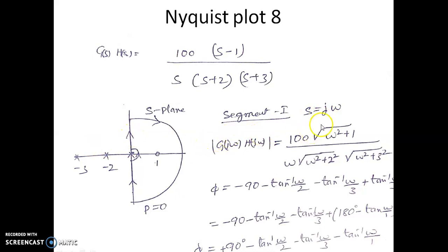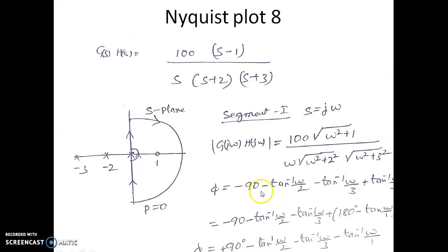Upon substituting S by j omega, we obtain the magnitude expression, which is given by this particular equation, and the phase of this transfer function by replacing S by j omega is given by this expression.